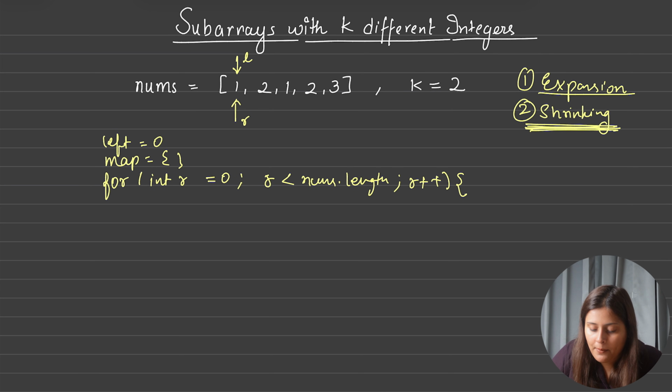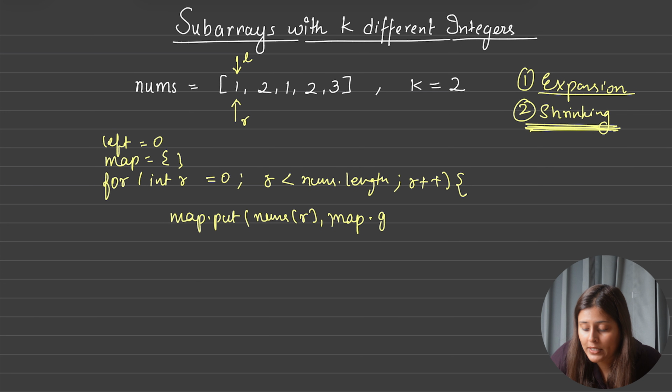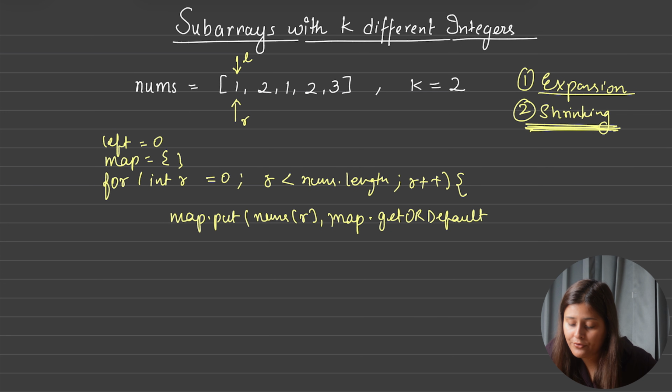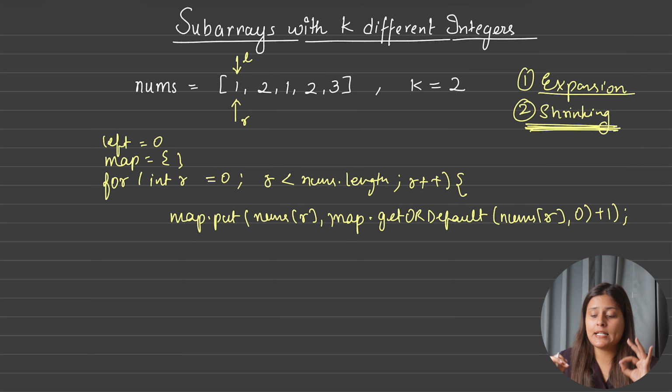So I will say map.put. What do I want to put? I want to put nums of right index value. What if there is no key present? In that case, I want to get the default value, so map.getOrDefault. I will check if inside the map I have nums[right] as a key, then take its value and increment by 1. Otherwise, initialize with 0 and then add 1 to it. Now I have inserted inside the map.